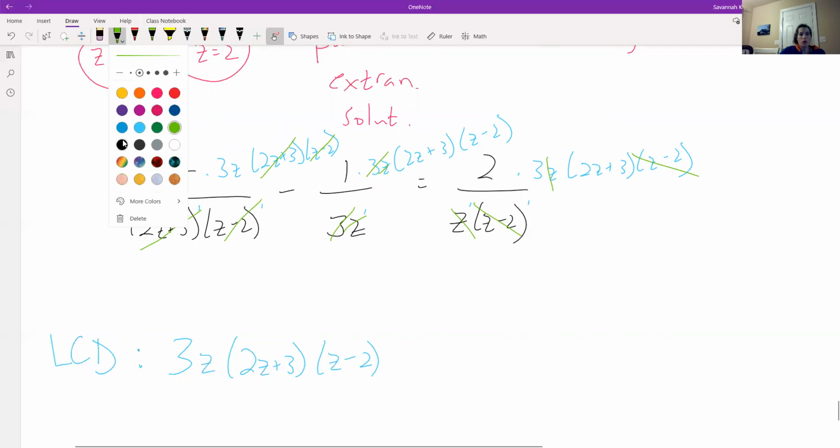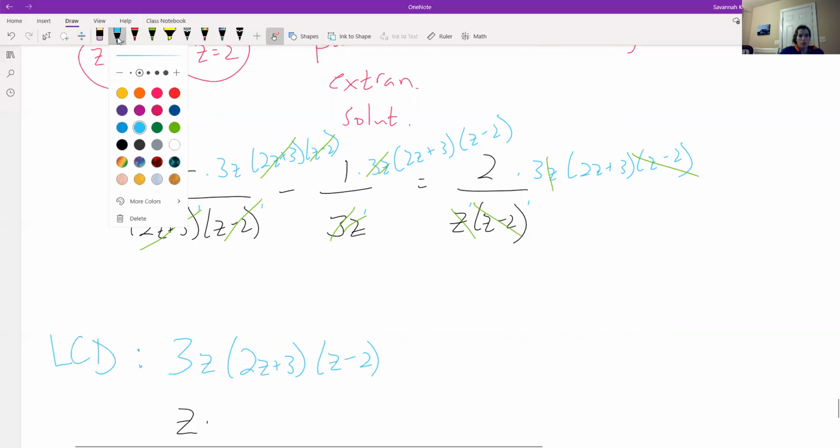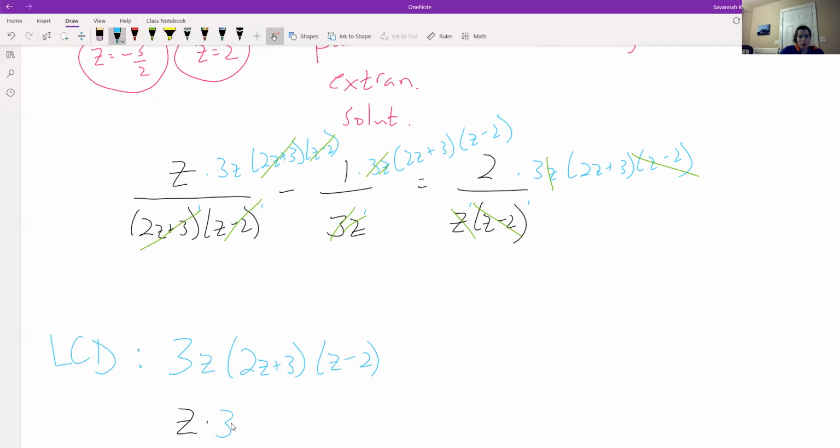This is too much like work. Okay, so we have that z times. And I'm just going to stick with the color coding to the bitter end. These problems are intense enough. Anything I can do to make it seem a little bit less intense, I'm going to do it.